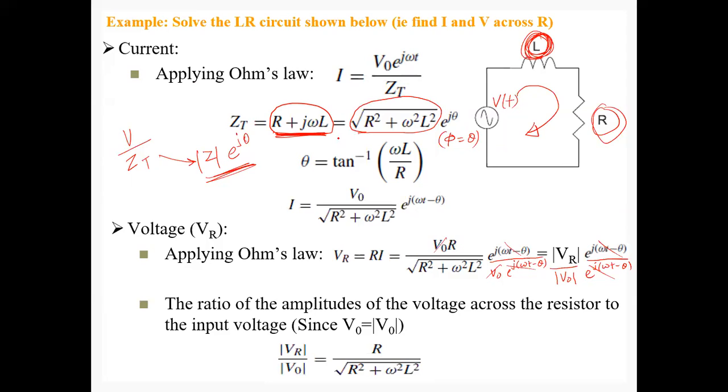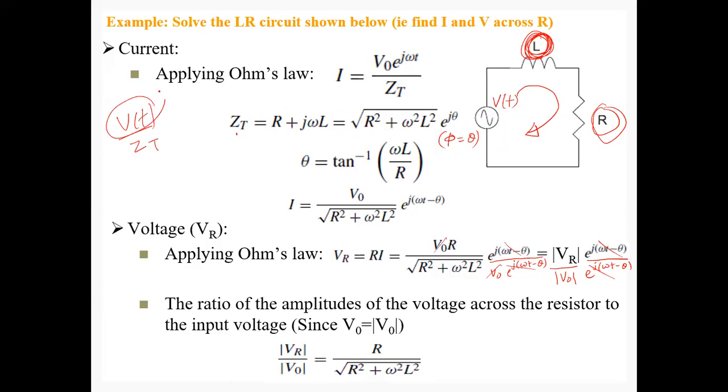Then you have e to the j theta. Now, if you consider your V is this, as we did before, remember our I is V(t) over G(t), and your G(t) is this now. Then how do you find the theta?